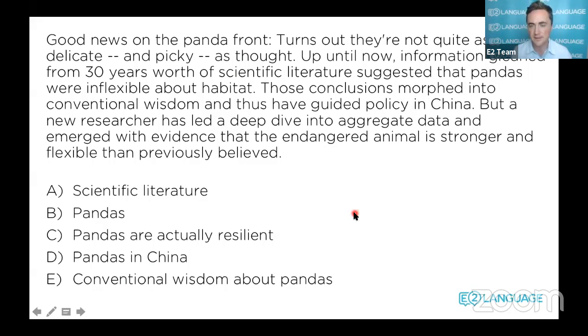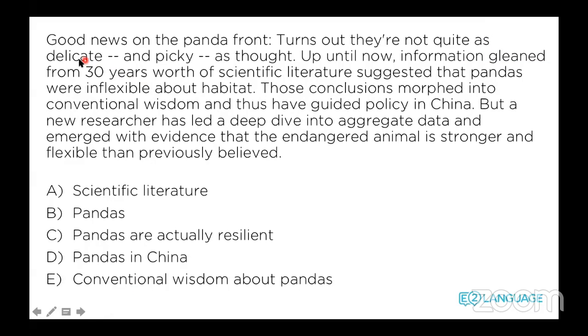If you just read the first sentence of that paragraph, it says, good news on the panda front. Turns out they're not quite as delicate and picky as thought. So is it about not delicate or not scientific literature? No. Pandas? Well, it's about pandas, but it's not quite precise. This one's too general. Pandas are actually resilient.